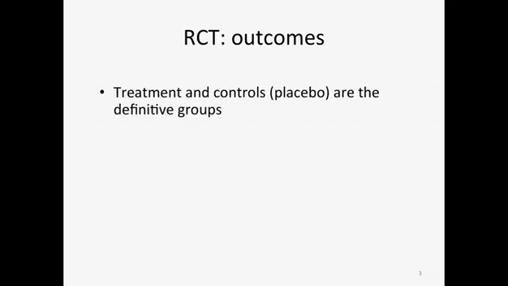In a randomized controlled trial, even before the outcomes are known, there are two definite groups right after randomization. These are the placebo or the control group, and the active treatment or simply the treatment group. How can we describe the characteristics of these two definitive groups once the trial is completed and the results are available?